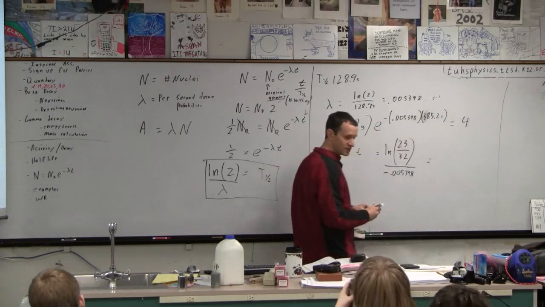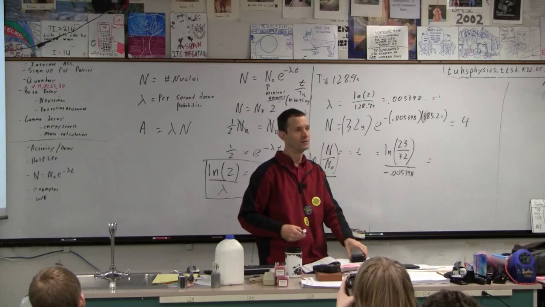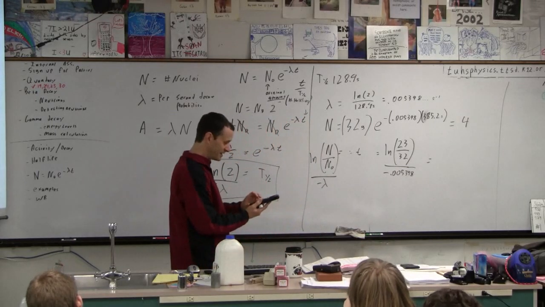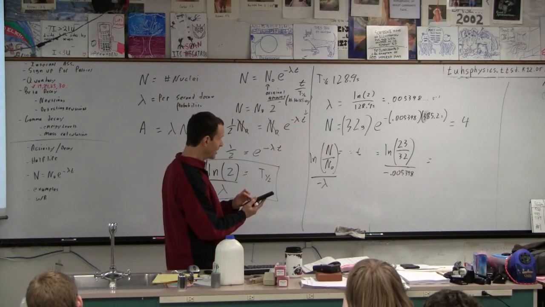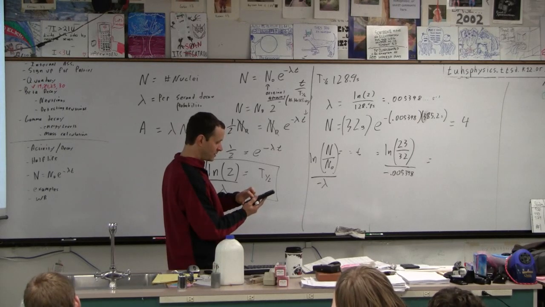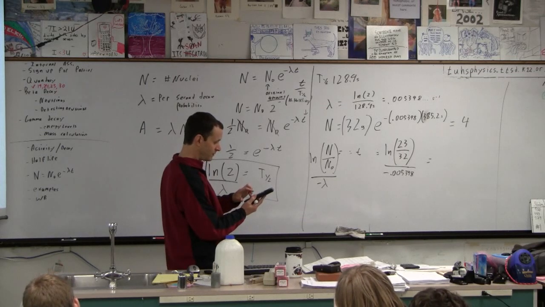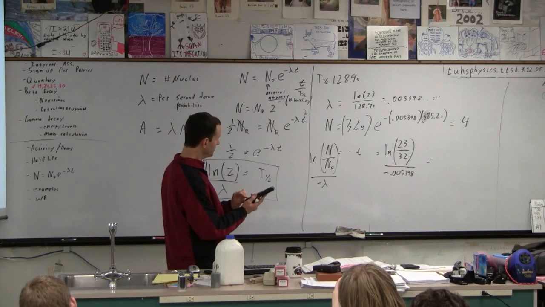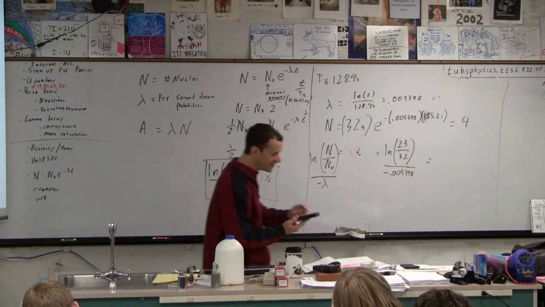And that'll tell us how much time. Hopefully it'll be a positive number, meaning it happens in the future. Natural log of 23 divided by 32, divided by negative 0.005398.